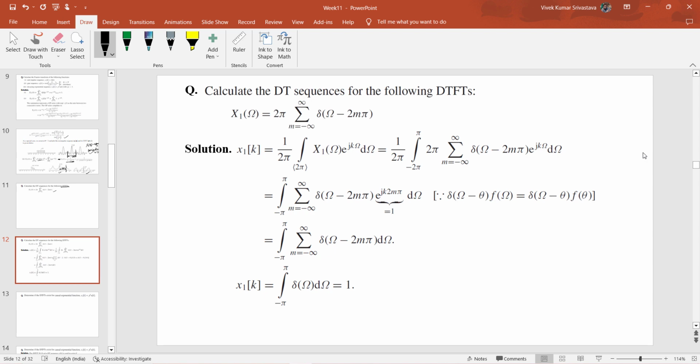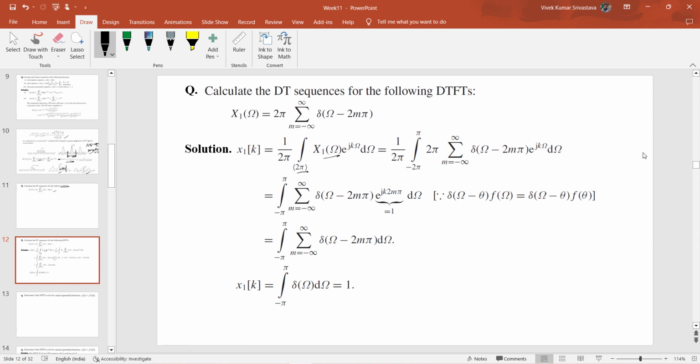As I said earlier, the discrete time Fourier transform is defined for a period of 2 pi. So to obtain the discrete time sequence, we will use this expression and integrate X1 of omega over a period of 2 pi.